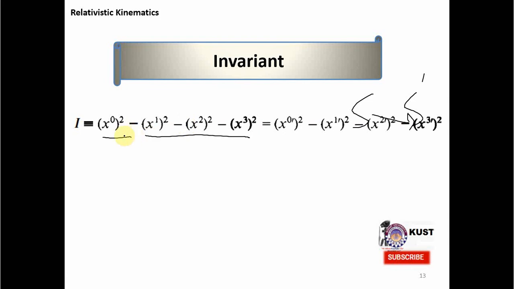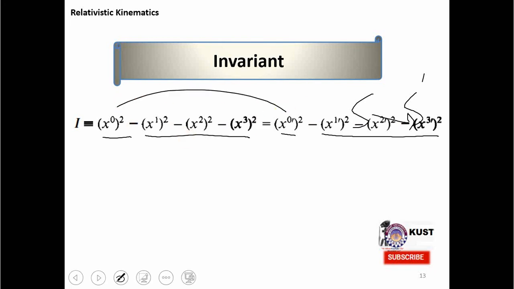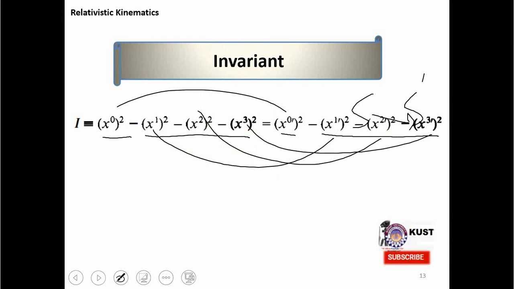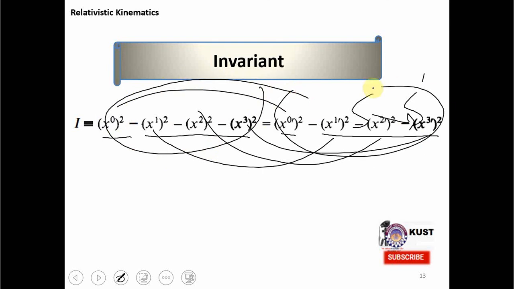By invariant, we mean that the primed quantities and the unprimed quantities are just equal. So x0 can be different from x0 prime, x1 can be different from x1 prime, x2 can be different from x2 prime, and x3 can be different from x3 prime. But this whole quantity, this one and this one, are just equal.